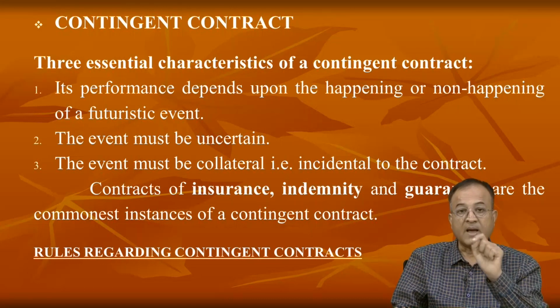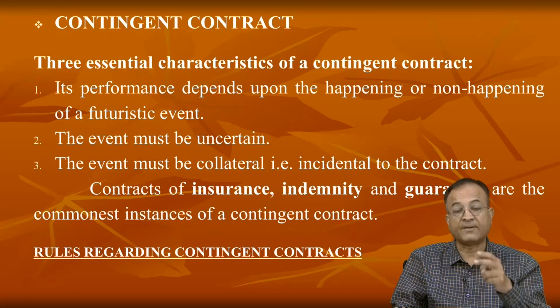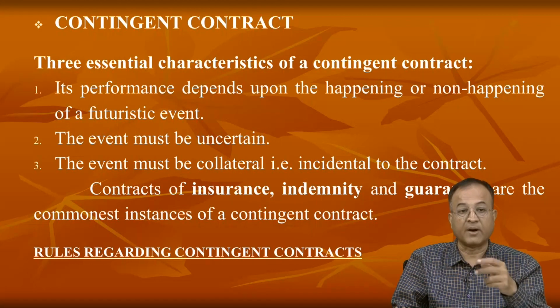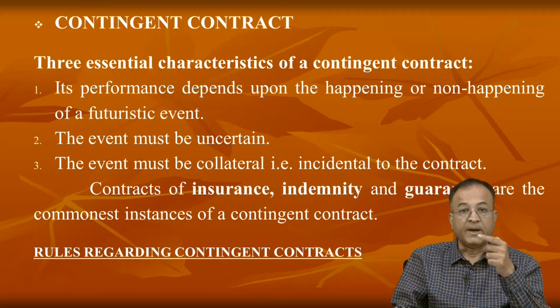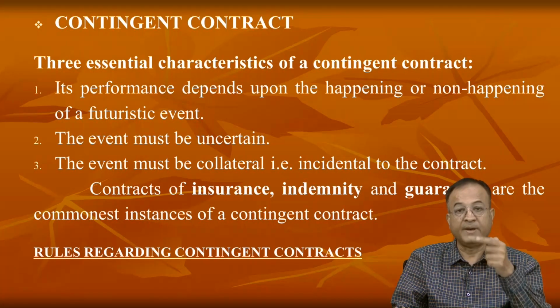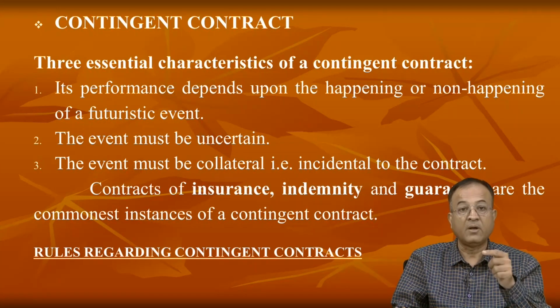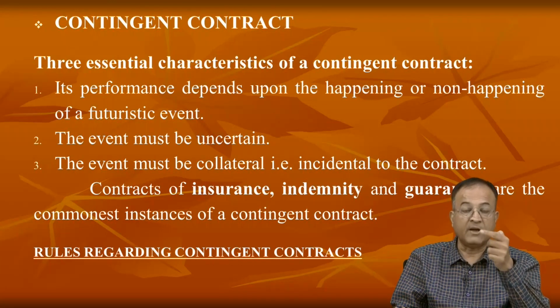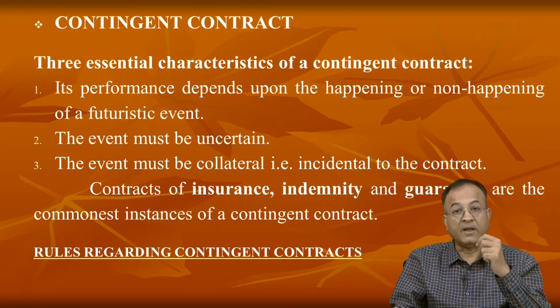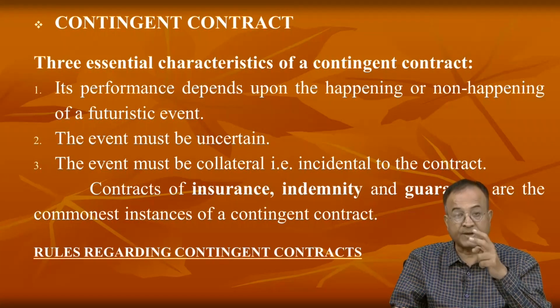Thus, there are three essential characteristics of a contingent contract. First, its performance depends upon the happening or non-happening of a future event. Second, the event must be uncertain.